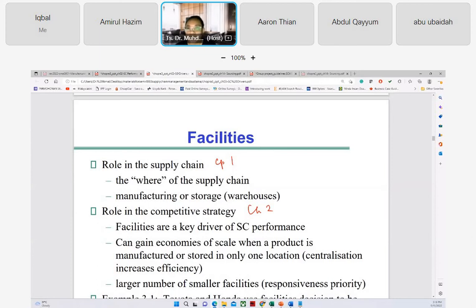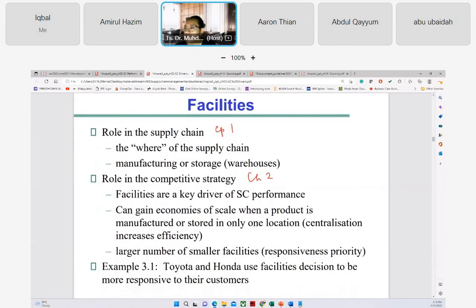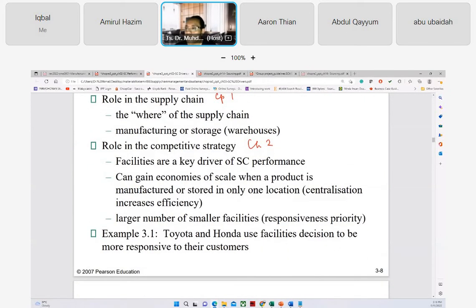Let's say, for example, Alibaba, they have a warehouse in KLIA 2, the old KLIA 2. So they built a very big warehouse there, because it is easy for them to receive goods from overseas straight away from the cargoes, and then after that they process those products. That's the facilities.